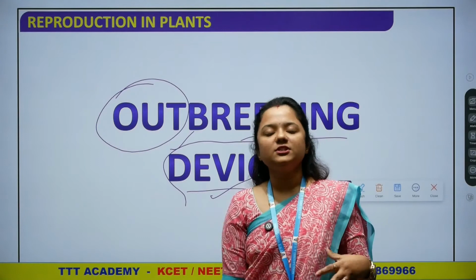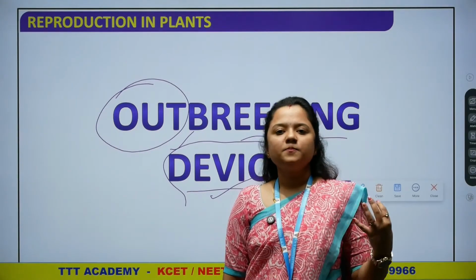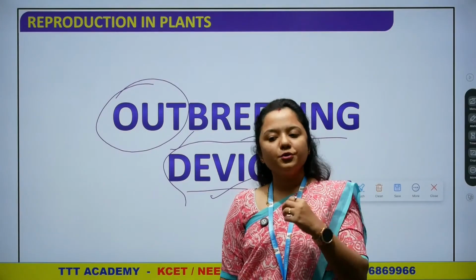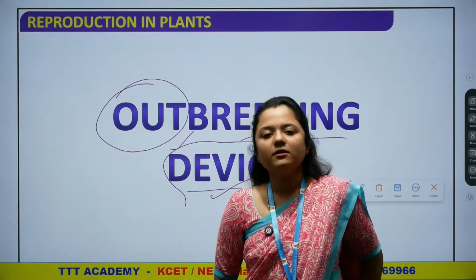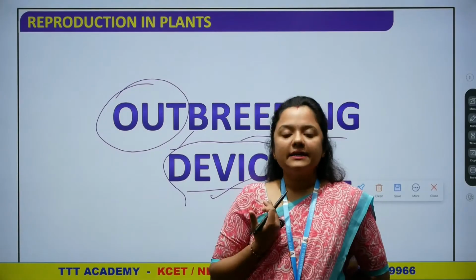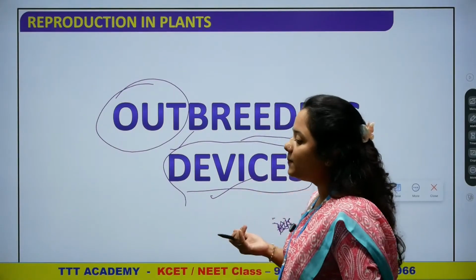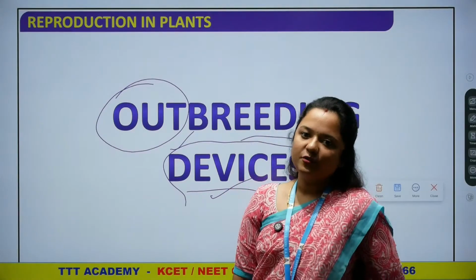Repeated self-pollination is not a good outcome for fertilization or for the new generation of plants. That is why so many hindrances are created, and there are so many adaptations which have been taken by the plant itself to overcome self-pollination.